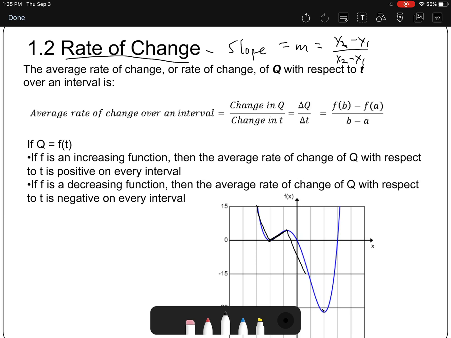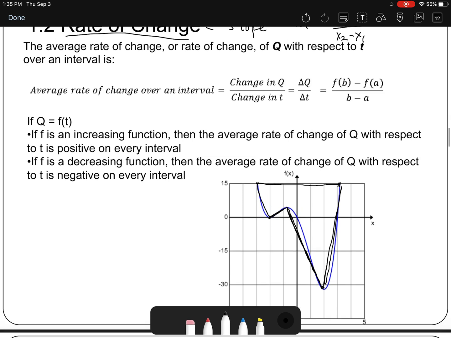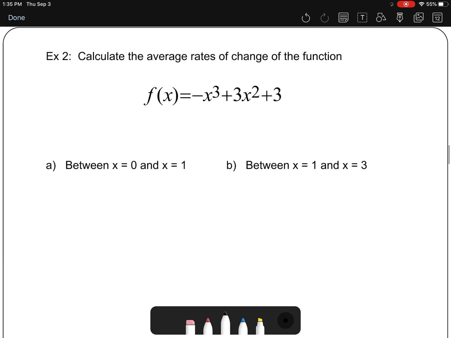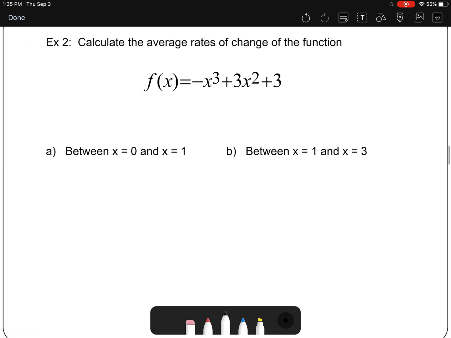How about from these 2 points? Positive, right? How about from these 2 points? Negative. How about from these 2 points? Positive. But if I look at these 2 points, what's the average rate of change? There is none, is there? It's 0. So we can look at the average rate of change between any 2 points.